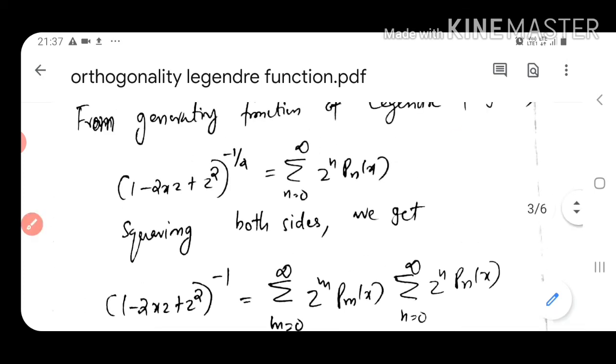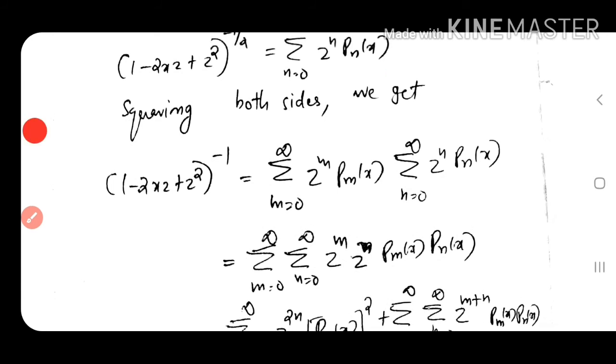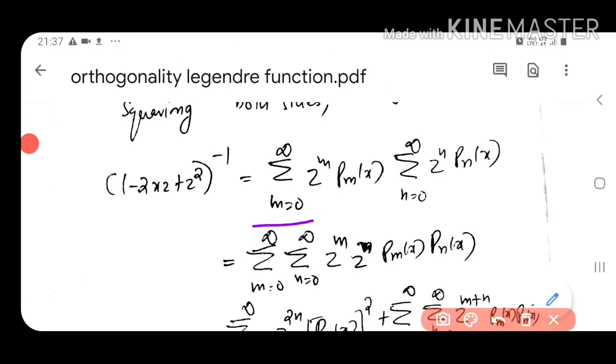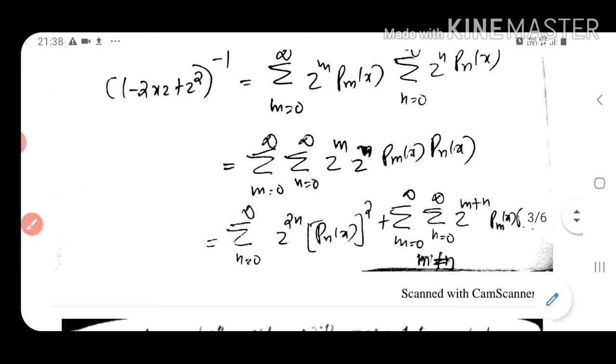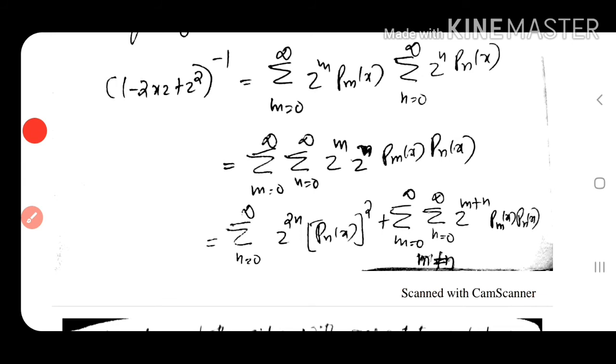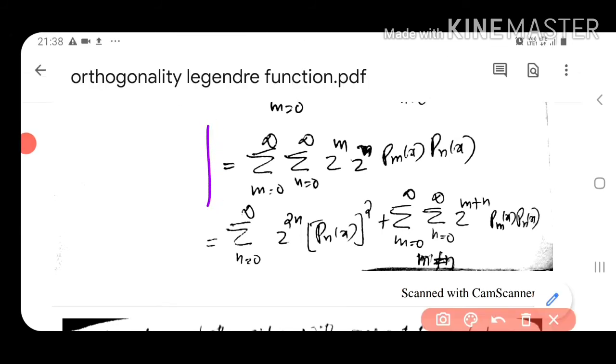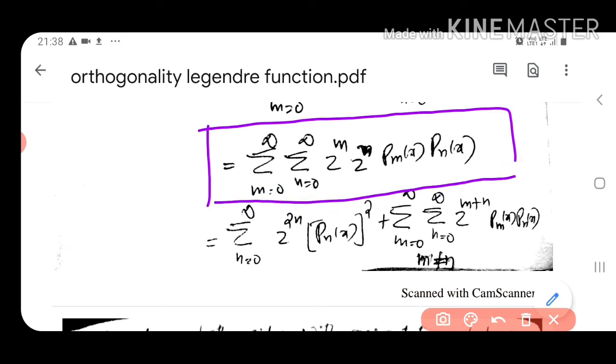Here on the right hand side, you have to take the square of this. So we are writing it like this: summation variable m equals 0 to infinity z raised to m Pm of x, here summation variable n equals 0 to infinity z raised to n Pn of x. And as we take the product, you will be getting z raised to m, z raised to n, Pm of x, Pn of x, summed over m from 0 to infinity and n from 0 to infinity.